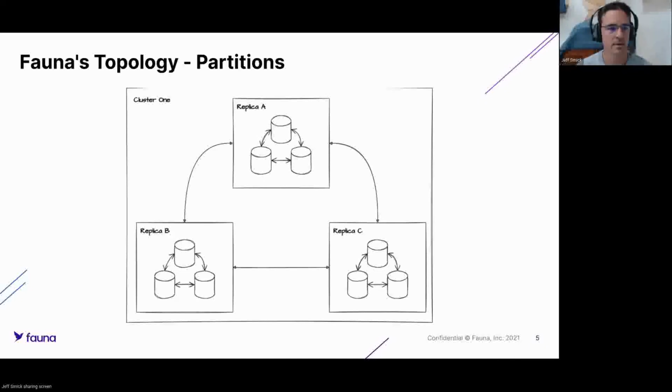If a single node goes down in a replica, only the data for that node is unavailable in that replica, but the other nodes can reach out to their other replicas and find the data. This allows us to do day-to-day maintenance, like replacing our machines and rolling out updates to the database, and maintain the high availability that's required.